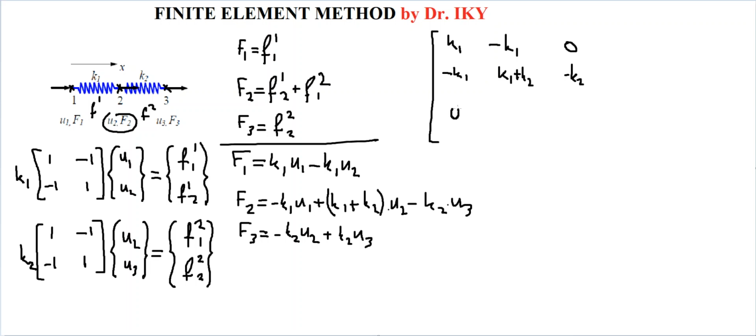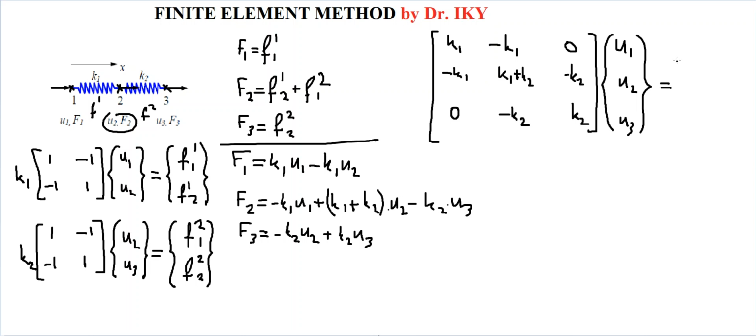For node 3, there is no connection with node 1, so here should be minus K2. Here will be the K2, which is going to multiply by the nodal displacement vectors U1, U2, U3, and that will be equal to F1, F2 and F3.